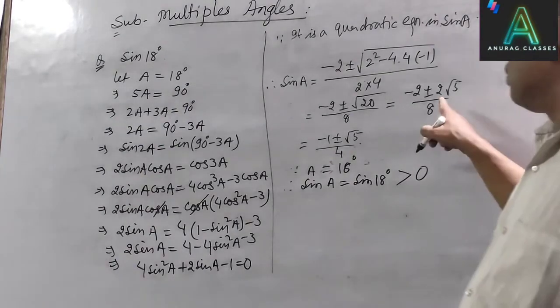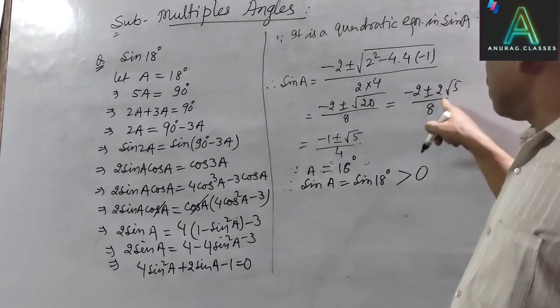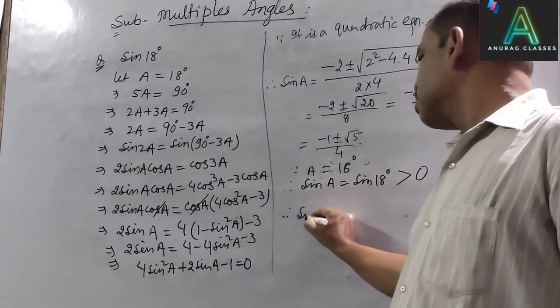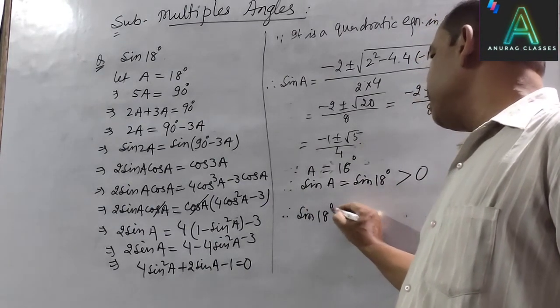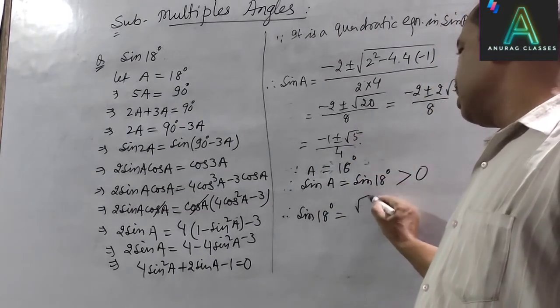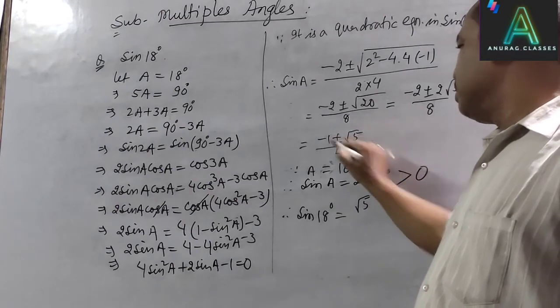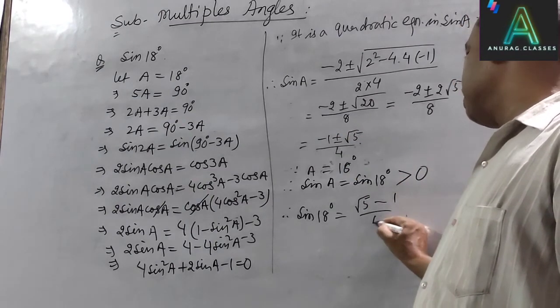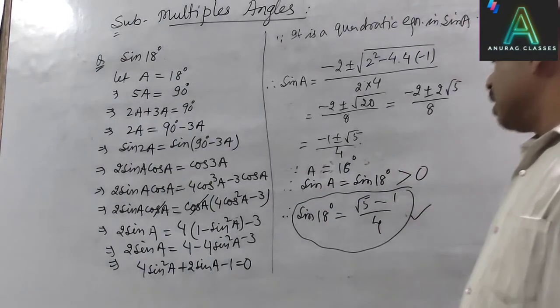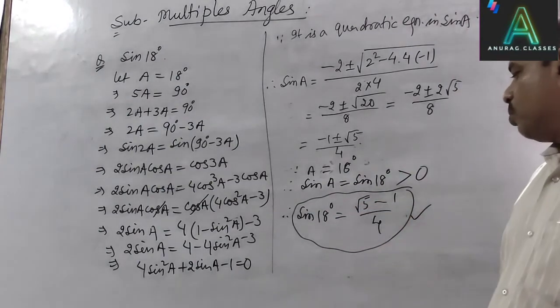That is why I am going to choose only the plus value. So sin 18 degree, by taking the positive sign only, is root 5 minus 1 by 4.